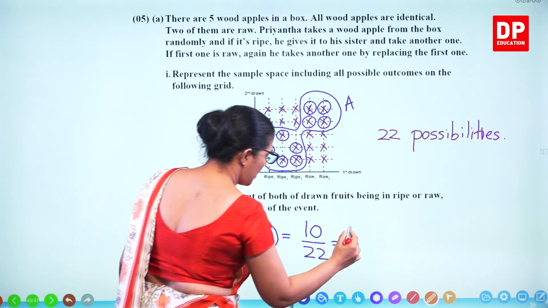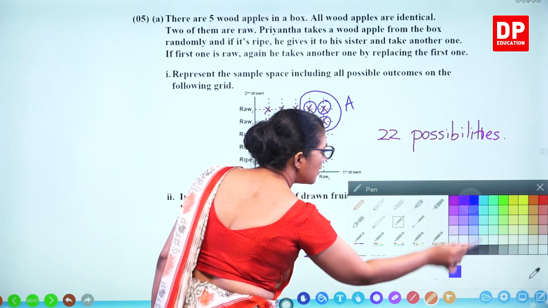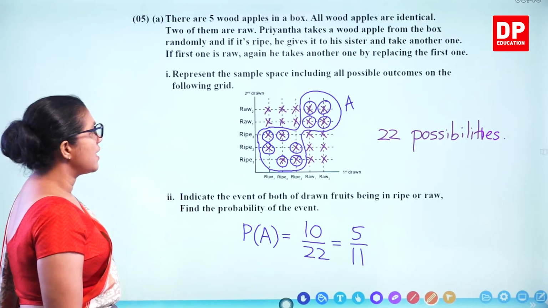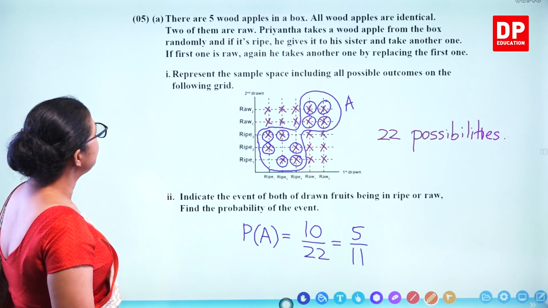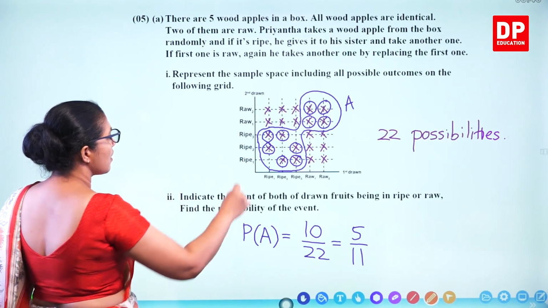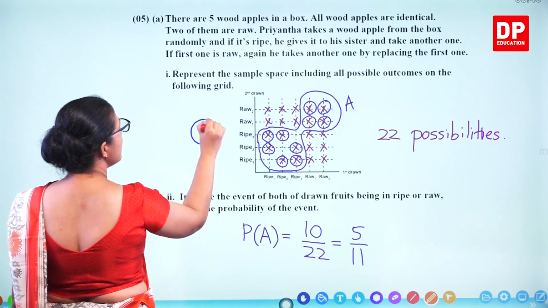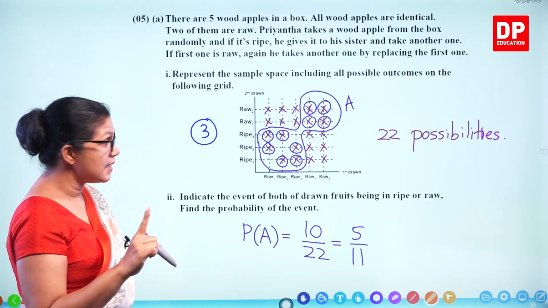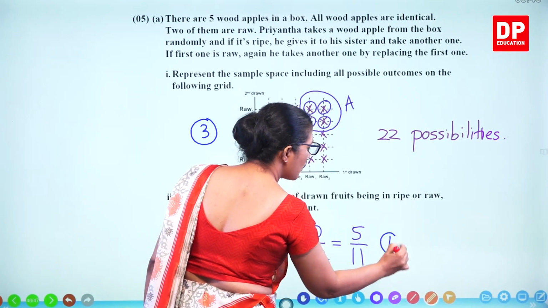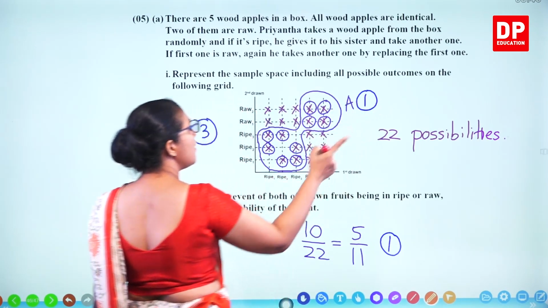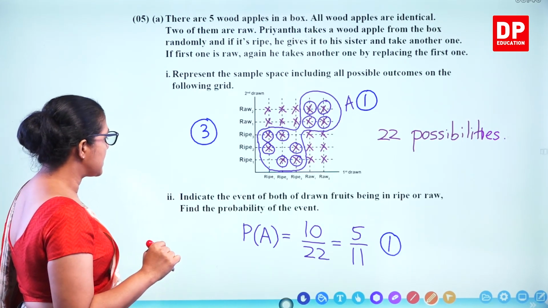When you divide by 2, 5 over 11. So that's the second part. So we can give 3 marks for this part, identify all possibilities and complete the diagram. And 1 mark for this and 1 mark to identify all possibilities. So altogether 5 marks for these 2 parts.